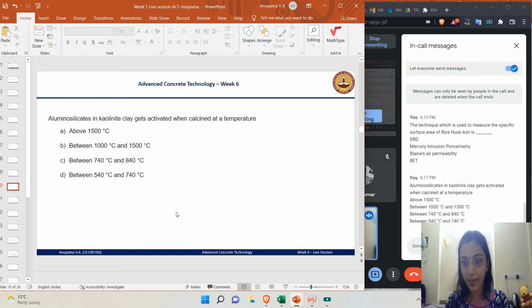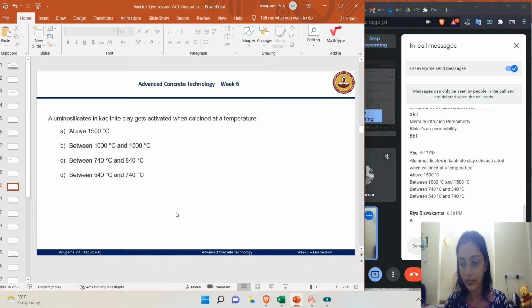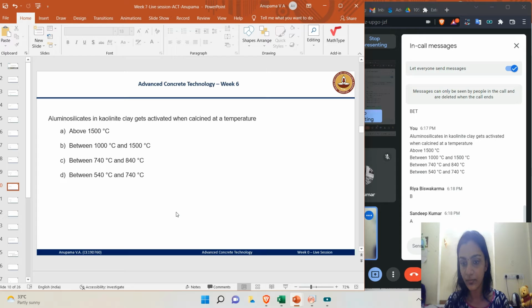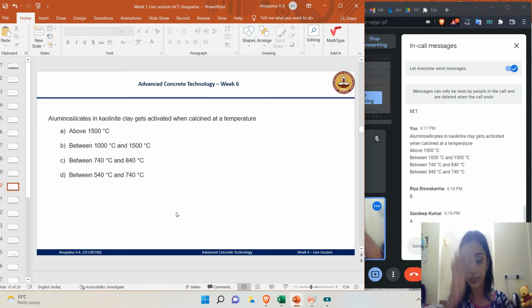So you have to choose a temperature at which the clays get activated. Okay, fine. We'll move to the correct answer.